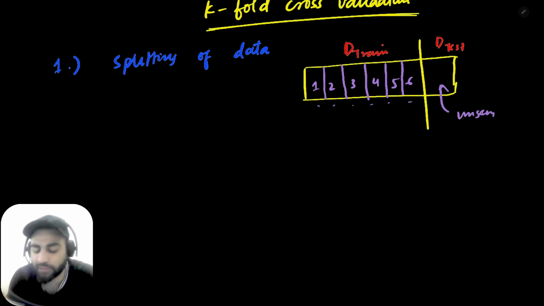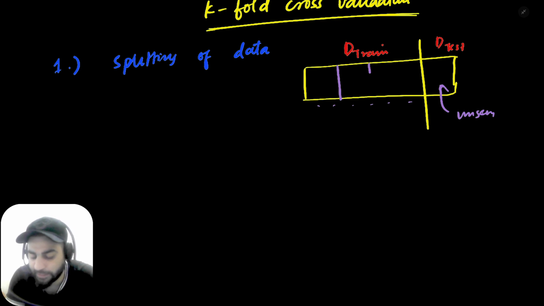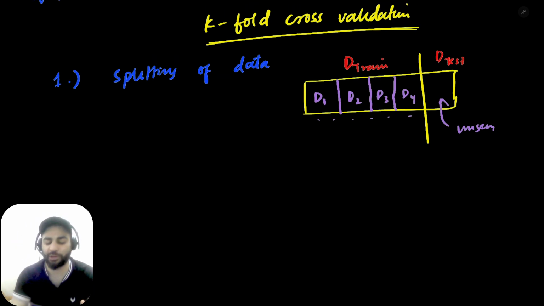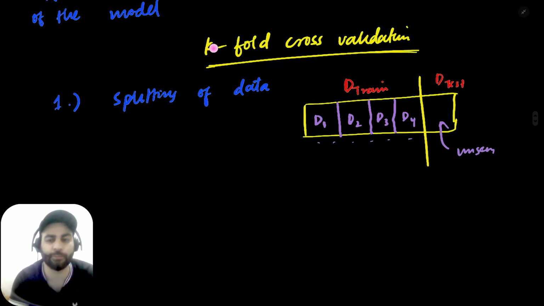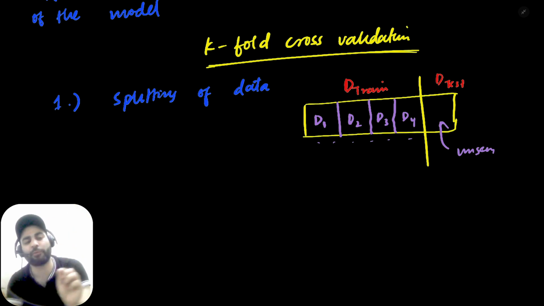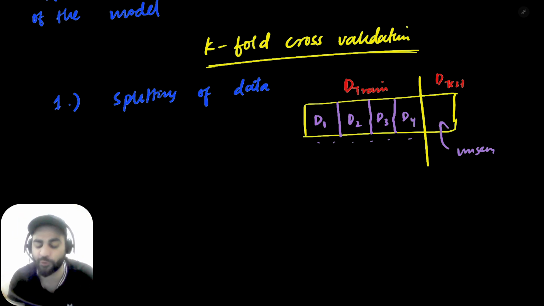So I'll just divide this D train into four folds: one fold, second fold, third, and fourth. This will be called D1, D2, D3, and D4. Now I have four-fold cross validation. This k is different from the KNN's k because both of these are variables, so we called it k cross validation. Here that k is the hyperparameter, the number of neighbors, and this k is the number of folds you are going to use.